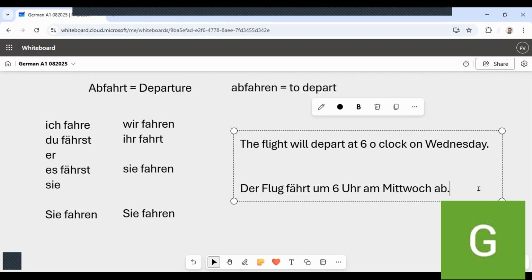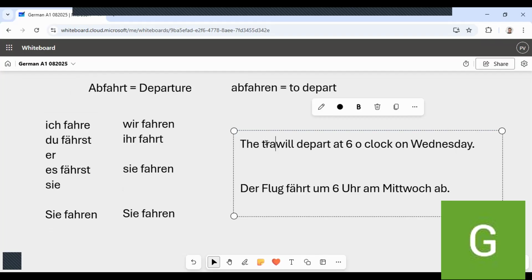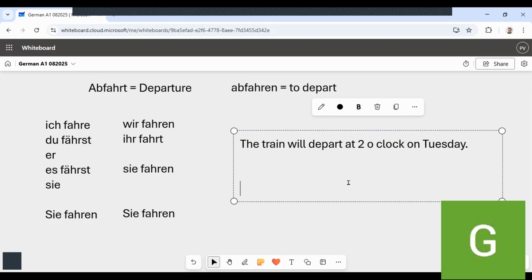Suppose I want to say that the train will depart at 2 o'clock on Tuesday. How can you frame a sentence with abfahren?